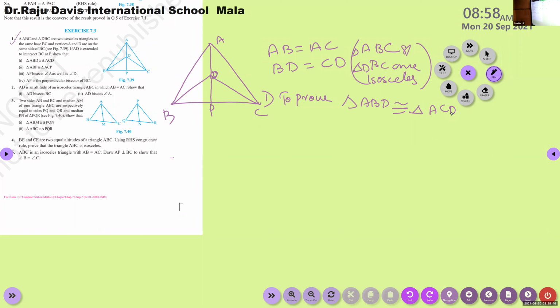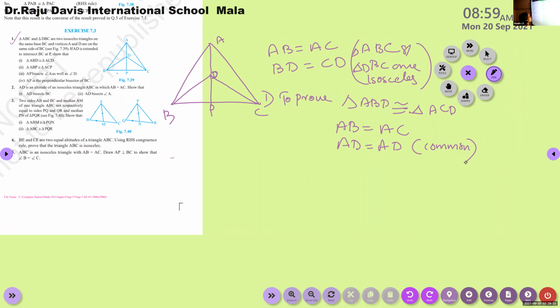That was the question. All of you move your fingers through ABD and ACD. Understood? Which are the two triangles, ABD and ACD? In those two triangles, we have AB equal to AC, given. AD equal to AD, that is common.